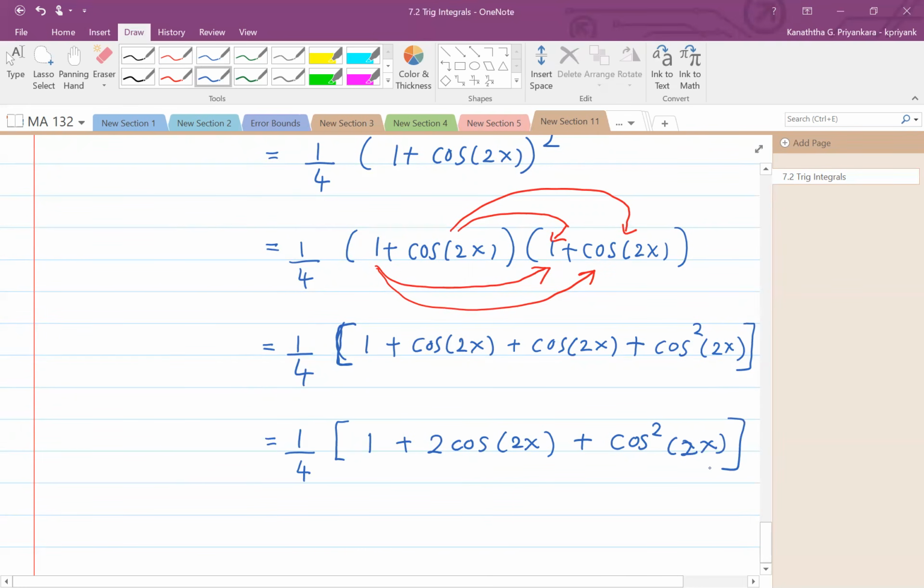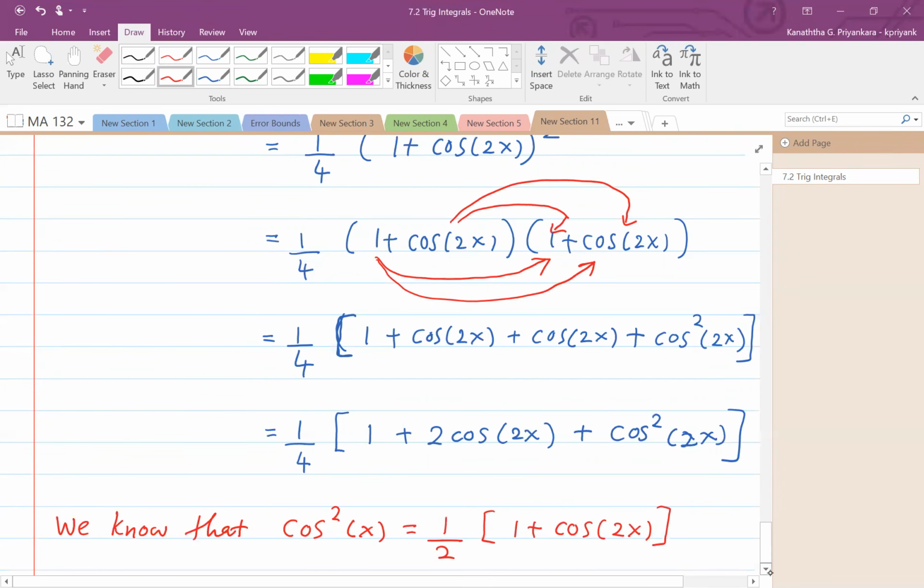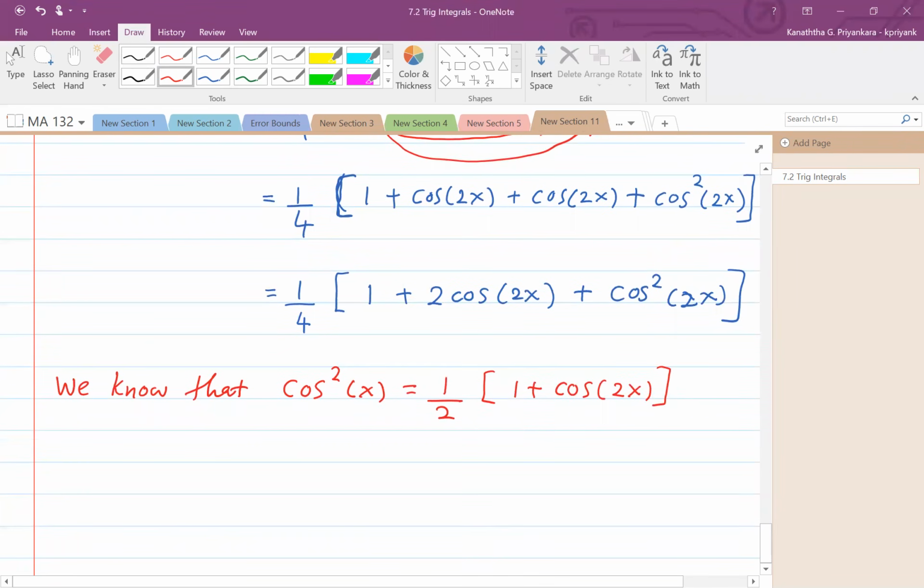So again we have a power, so that will be a problem to integrate. We need to get rid of that. We know that cosine squared x can be written as 1/2 times 1 plus cosine 2x. Now we need to find an expression for cosine squared 2x.